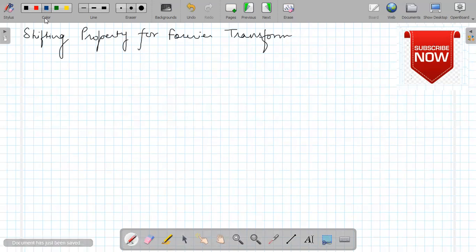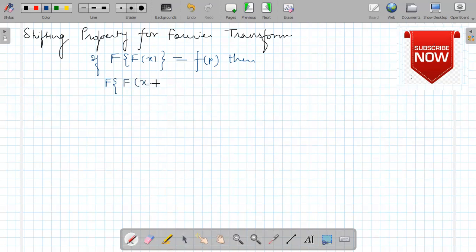The property is: if the Fourier transform of any function f(x) is equal to F(p), then the Fourier transform of the function f(x minus a) is defined as e raised to the power ipa times F(p). This is only for the Fourier transform.